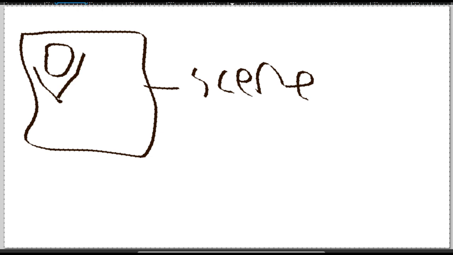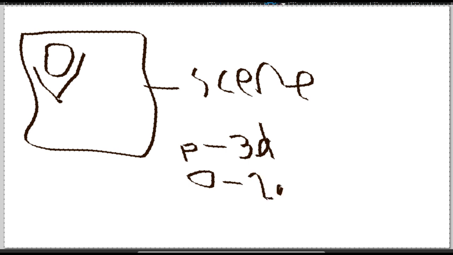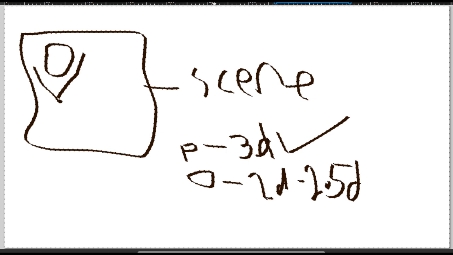The perspective one is basically 3D, and the orthographic one is just 2D, or you can think of it as 2.5D. We're going to discuss the 3D one, which is the perspective camera, and not the 2D orthographic camera.